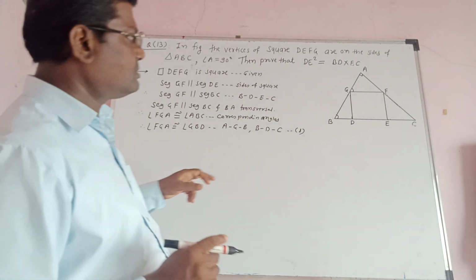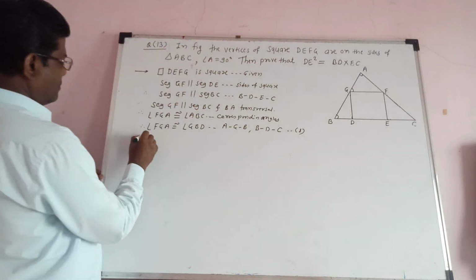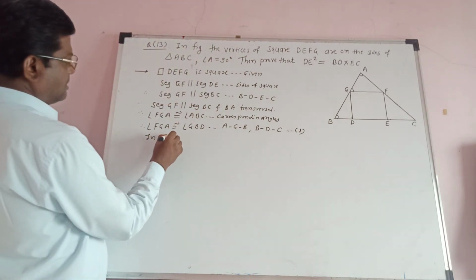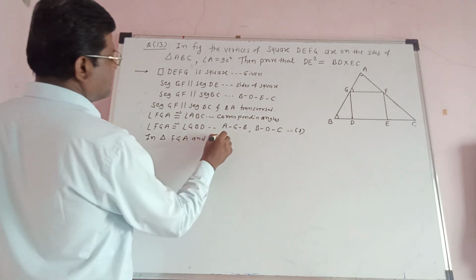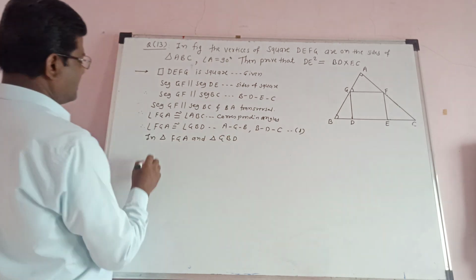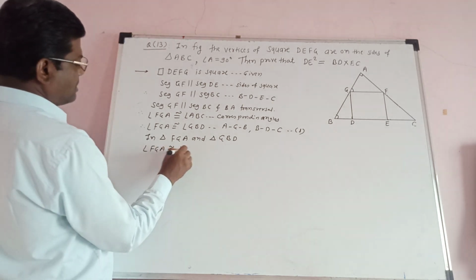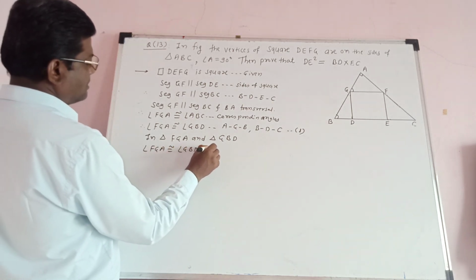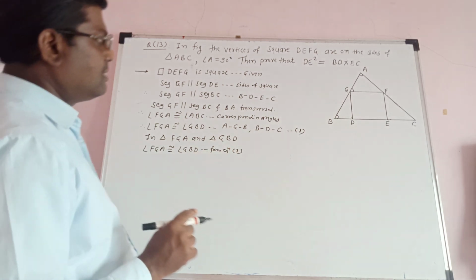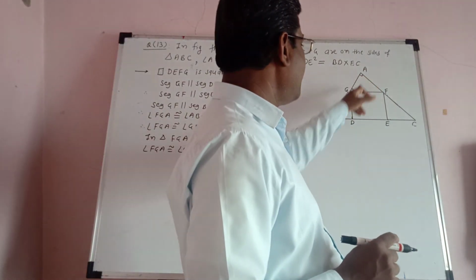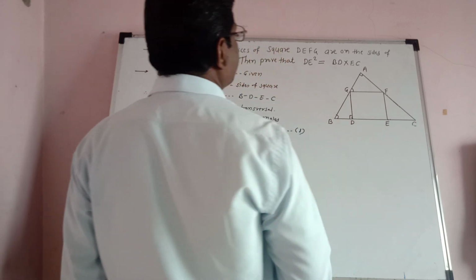Now consider these two triangles. In triangle FGA and triangle GBD, angle FGA is congruent to angle GBD from equation 1. Now this angle is 90 degrees and this angle is also 90 degrees.